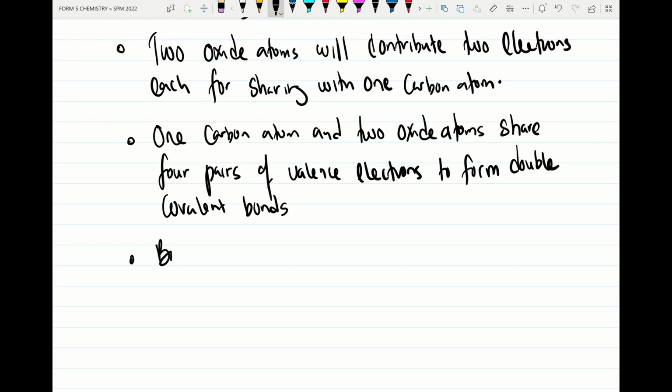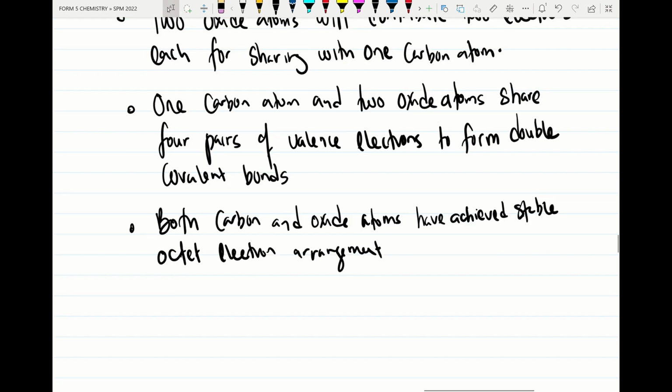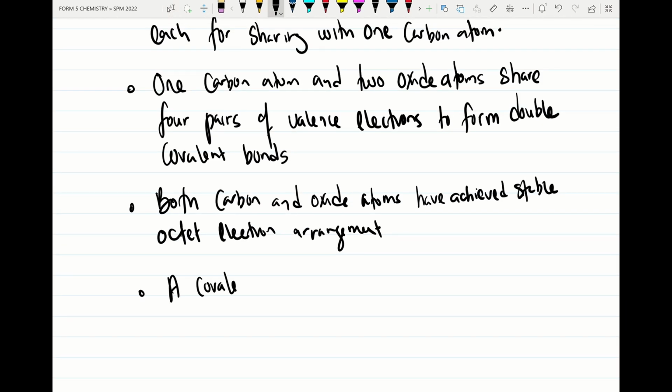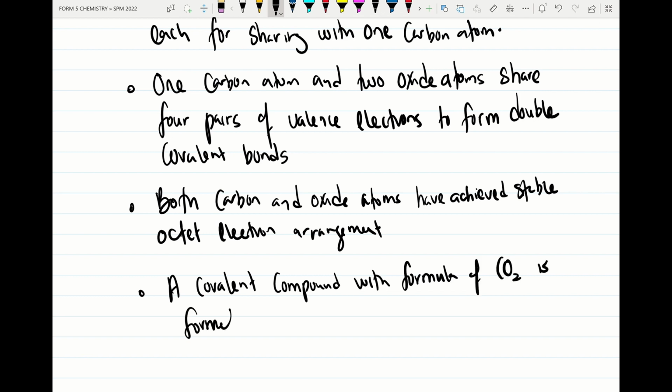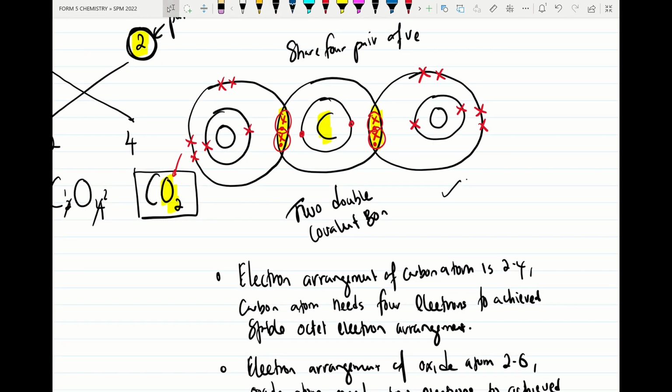All right, so next point, both carbon and oxide atoms have achieved stable octet electron arrangement. Next point, a covalent compound with formula of CO2 is formed. Then we draw the electron arrangement of the compound to prove the explanation.